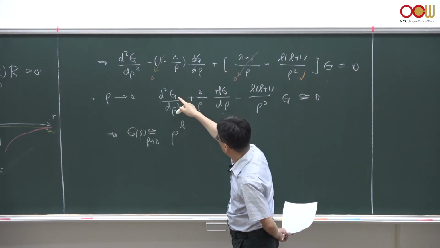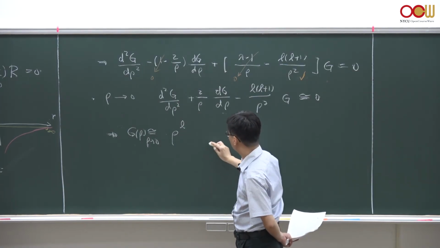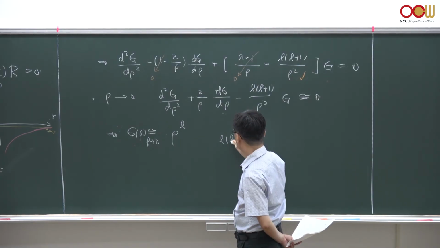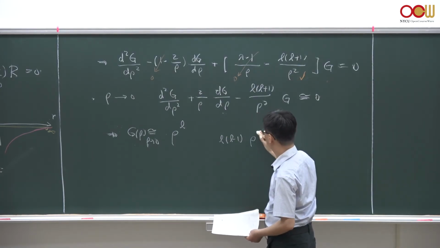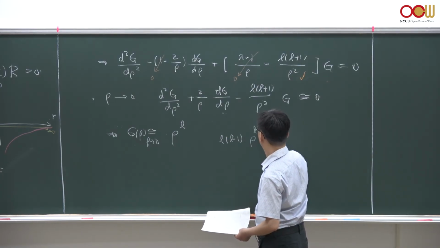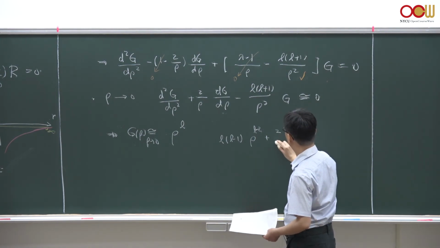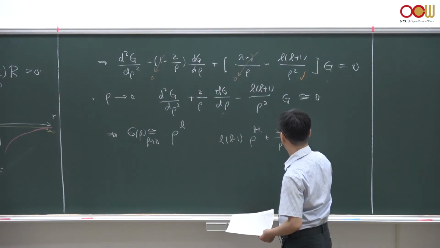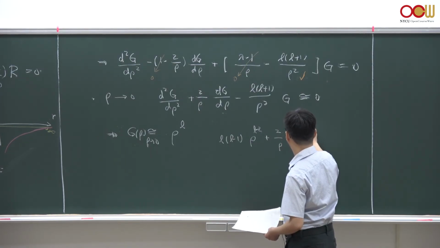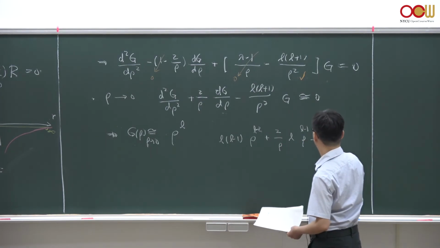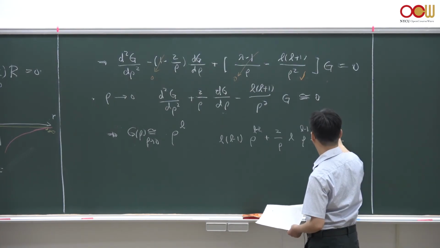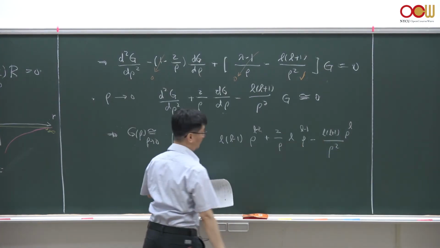Take the second derivative of this G with respect to rho. You get L times L minus 1 times rho to the L minus 2, plus 2 over rho times L times rho to the power of L minus 1, minus L(L+1) times rho to the power of L over rho squared.